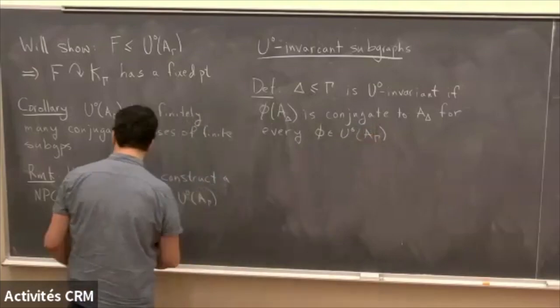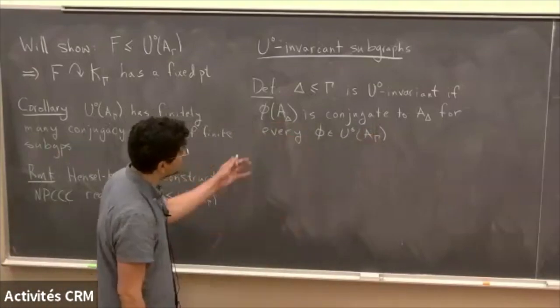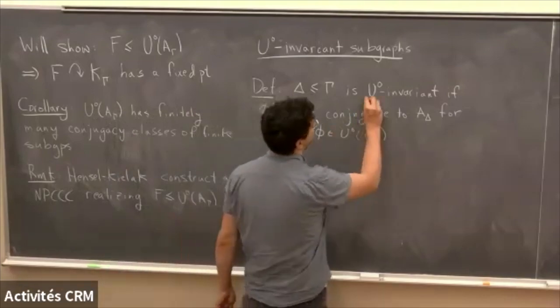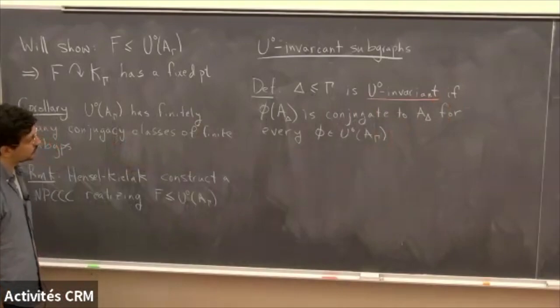So you act on A delta by some automorphism, and it just takes it to a conjugate of A delta, so some other parabolic subgroup.